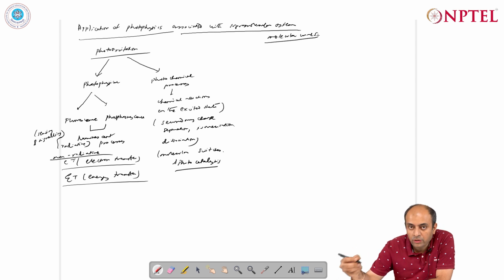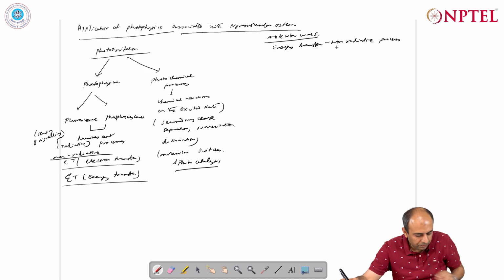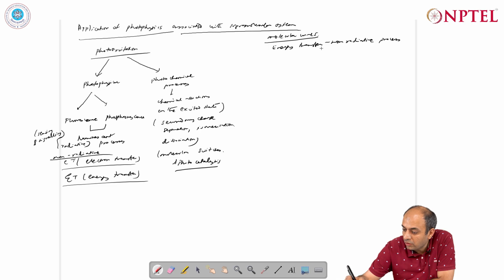And before we go into the applications of molecular wires, we will see how the process of energy transfer, a non-radiative process, works, which is the non-radiative transfer of excitation energy before the sample can undergo luminescence by removing the excess energy in the form of photons of reduced frequency.